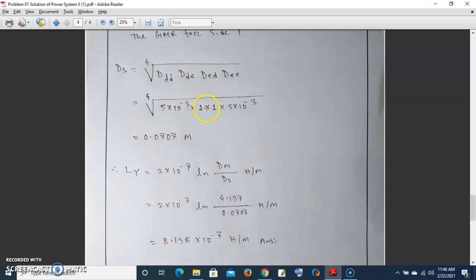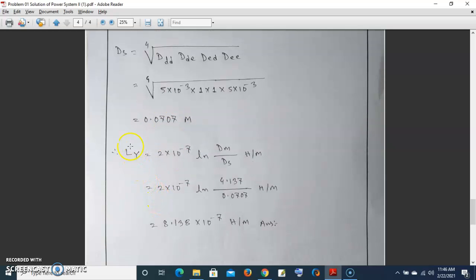DDE equals 1, DED equals 1, DEE equals 5 times 10 to the power minus 3, giving 0.0707 meter.